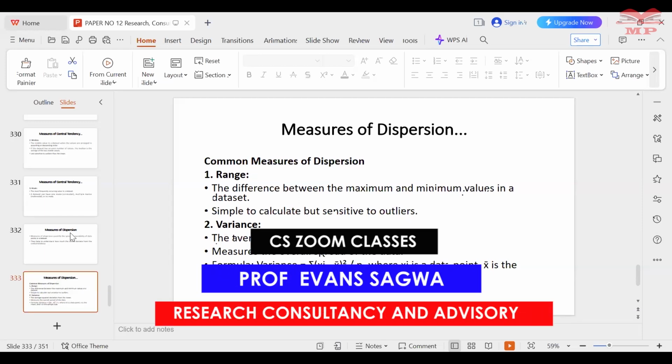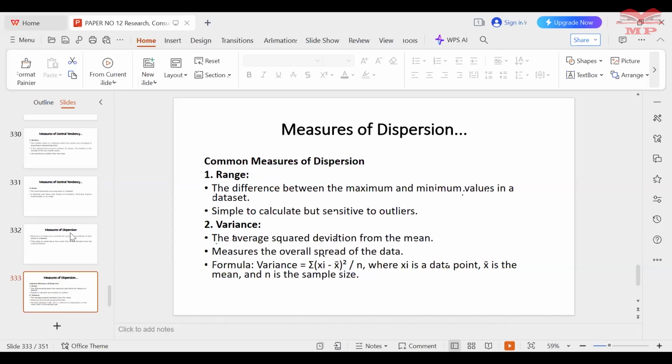Number two, variance. Variance is the average squared deviation from the mean.